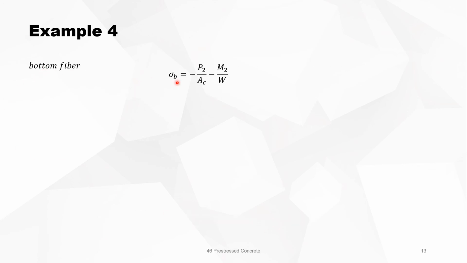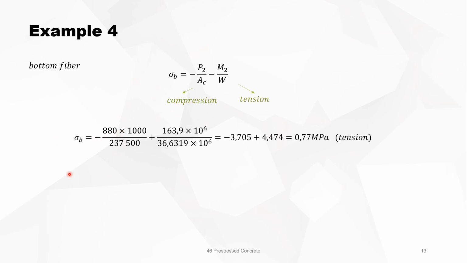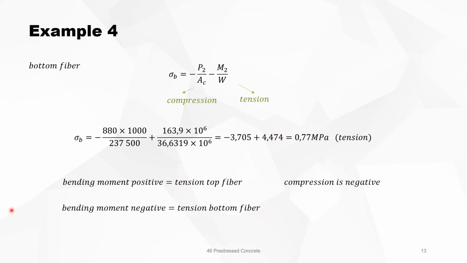Bottom fiber, same formula, compression, tension. The stress at the bottom fiber is then 0.77 megapascal, and it means it's in tension. So bending moment positive, then the tension is in top fiber, compression is negative, and the bending moment negative, there is tension in the bottom fiber and tension is positive.